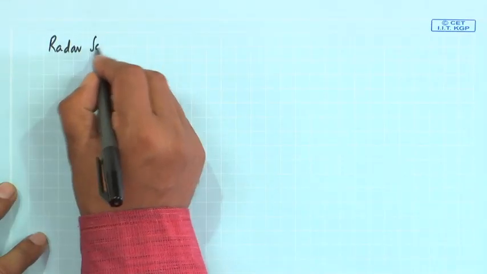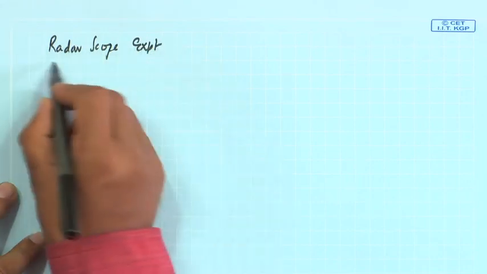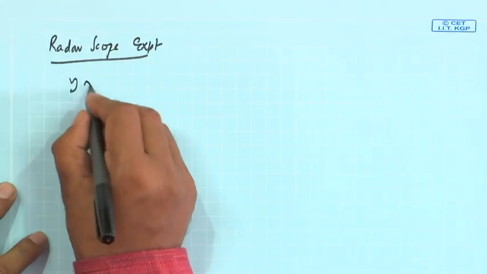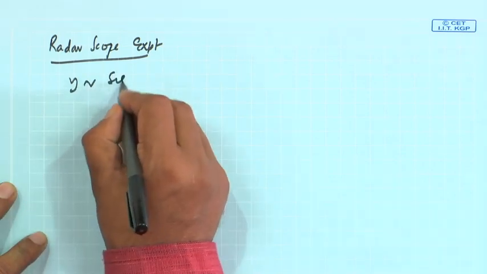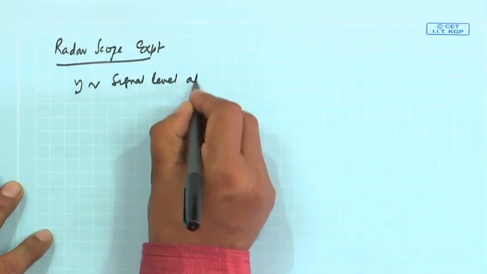We are interested to know the 95% confidence interval for the difference between two population means. That means the signal level at detection, whether they are different if we use different filter types. Okay. So, essentially, you have conducted an experiment, that is the radar scope experiment, so your y variable of interest is signal level at detection.